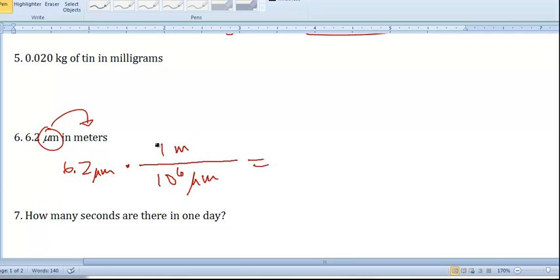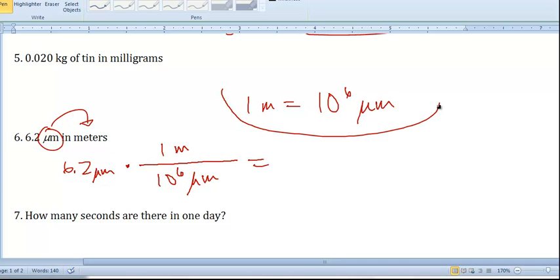Remember, this came directly from the equivalence statement. On the metric staircase, we had this, right? We're taking this equivalence statement and putting one thing on top and the other on the bottom, and we want the micrometers on the bottom so that they cancel out.